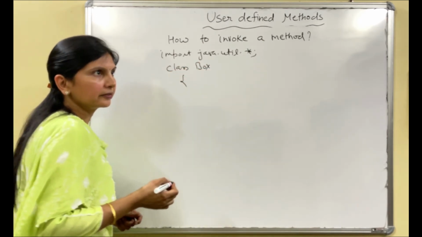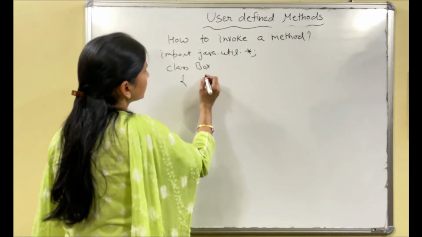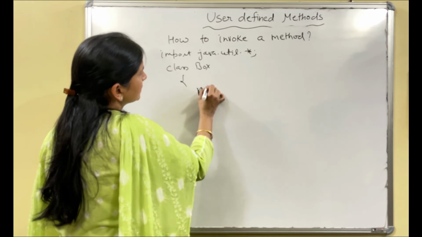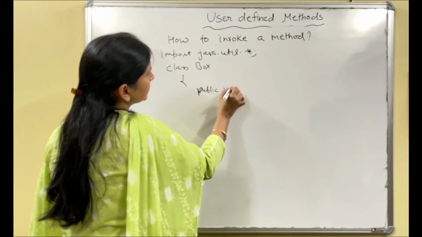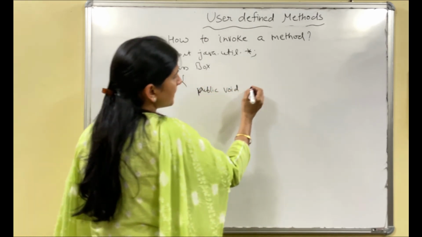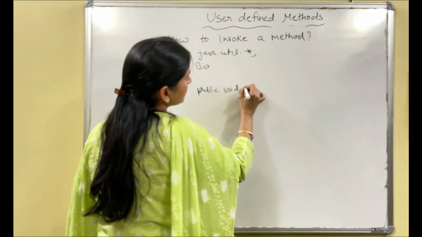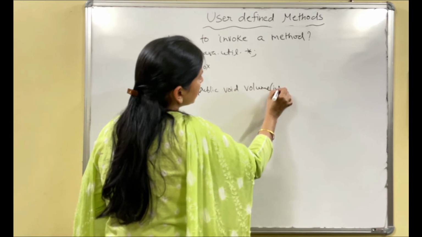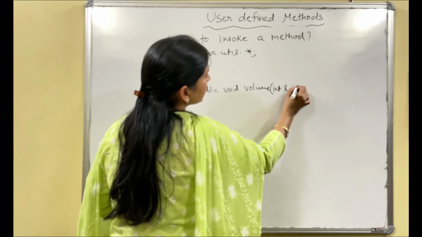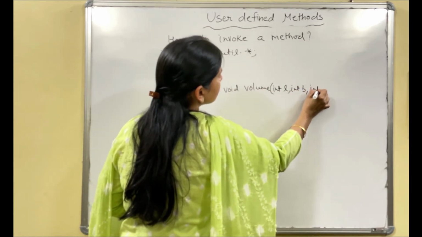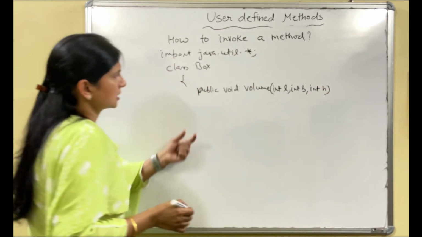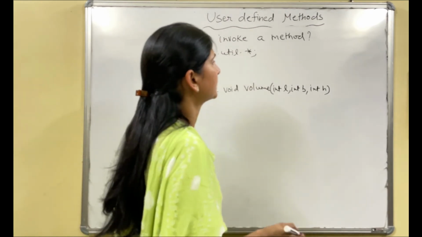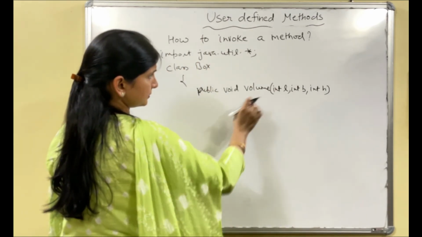In that I will make a user defined method: public void volume(int L, int B, int H). So public is the access specifier, then the return type, method name, and the parameter list we have passed.